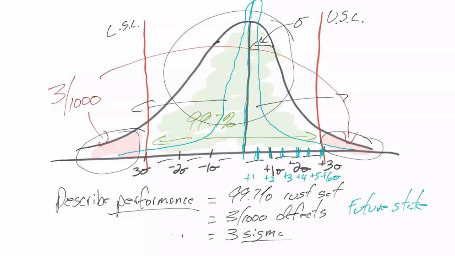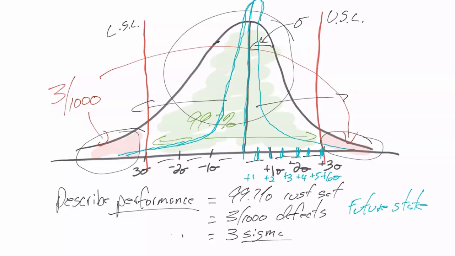All right, so kind of a crummy curve. I didn't do a very good job of making a nice, smooth, normally distributed curve with this blue line right here. My apologies for the drawing, but you get the idea. In future state, they attacked the root causes associated with variation. And when they measured the future state performance with new solutions in place, they found a reduction in variation.